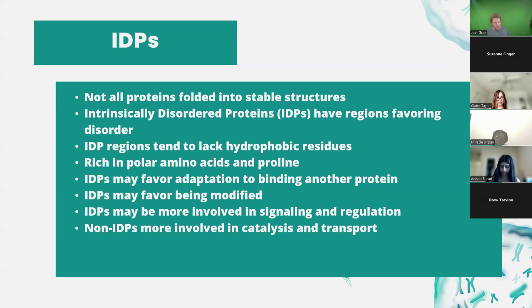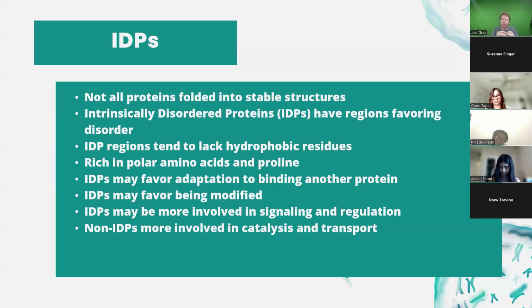Now, intrinsically disordered proteins, I always think about them as having a region that always leads to a random coil. Some of the traits of those regions is that they lack hydrophobic residues. Take a moment and think about that. If you've got a bunch of hydrophobic residues, they might hate water, but they love each other.